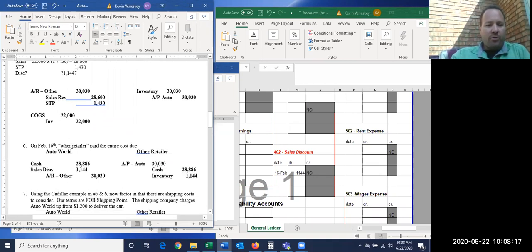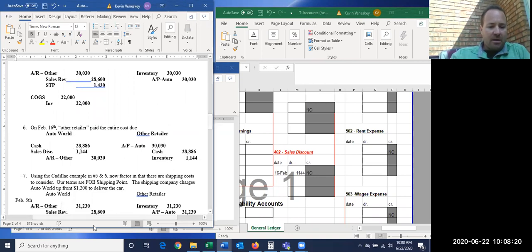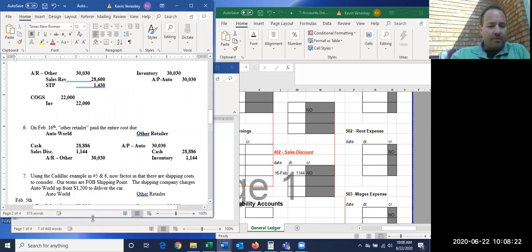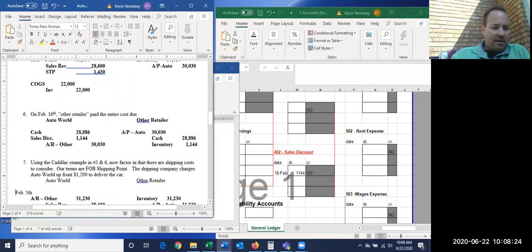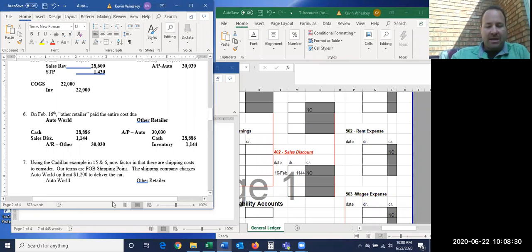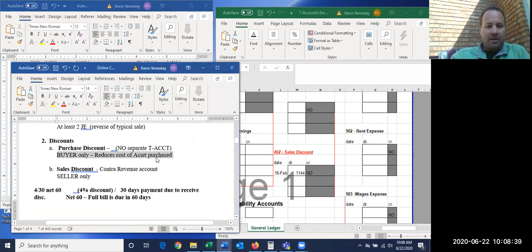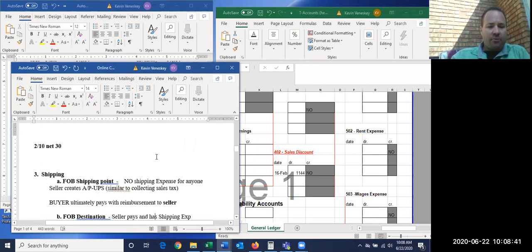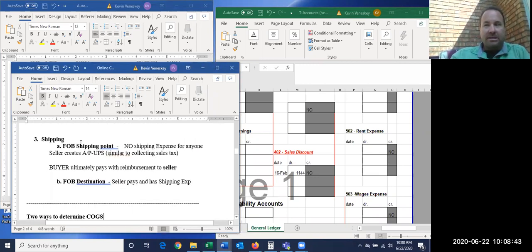All right, the final new thing that we're going to look at is, when we put everything together, the only new thing that we have is we want to see how shipping is involved. How do we handle shipping? How does shipping affect anything? So if we go back to the notes, our number 3 item, remember when it's FOB shipping point, there is no shipping expense to anybody.